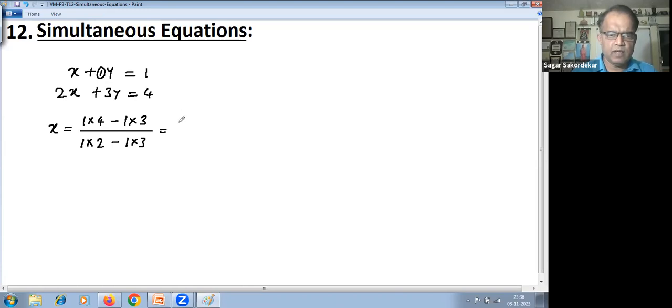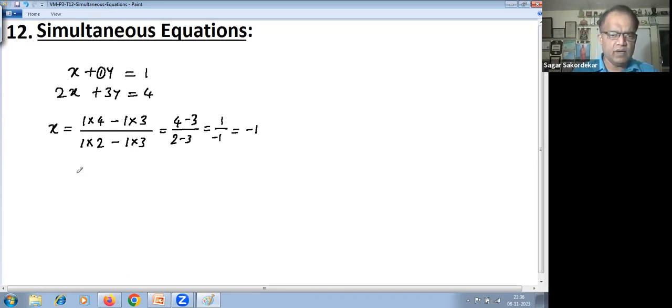To simplify, 4 minus 3 upon 2 minus 3. This is 1, this is minus 1. So it becomes 1 upon minus 1. The final answer is minus 1. So x is minus 1.